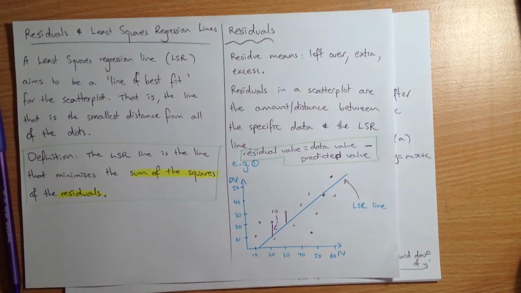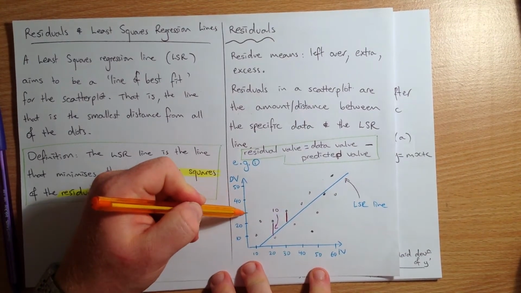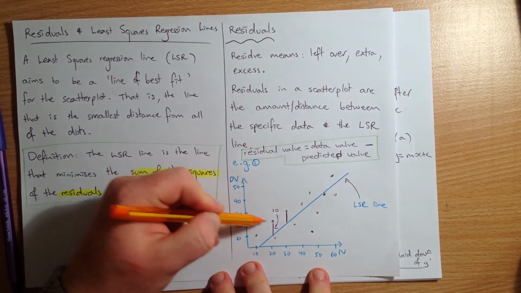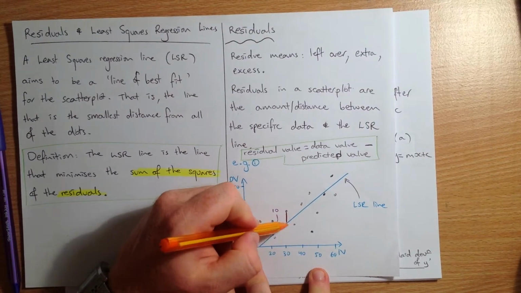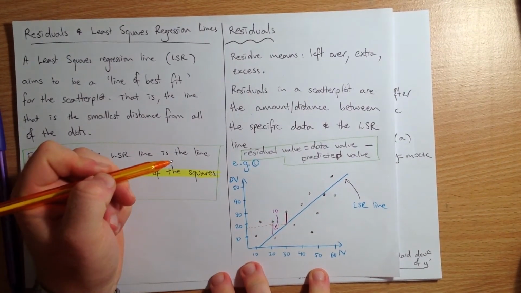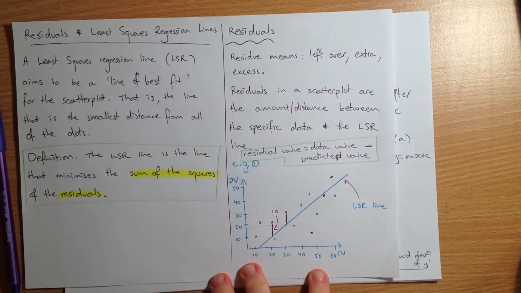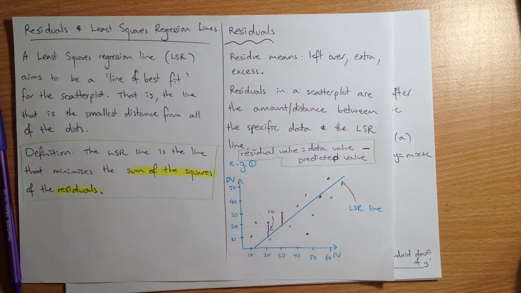Might even do that one in a different colour. So the actual data was 30, and the predicted amount, I reckon if we did a dotted line across here, it's probably about 18. So there's our actual is 30, and our predicted is about 18. So let me put that one in.